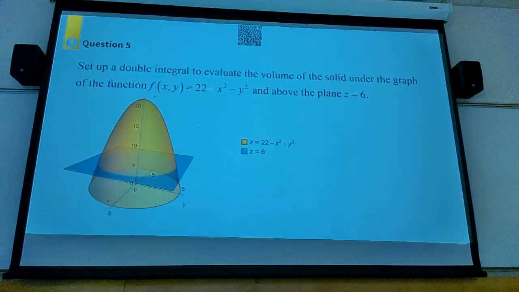Well, volume. How do you find volume as a double integral? Remember? Is it 1 over the area?